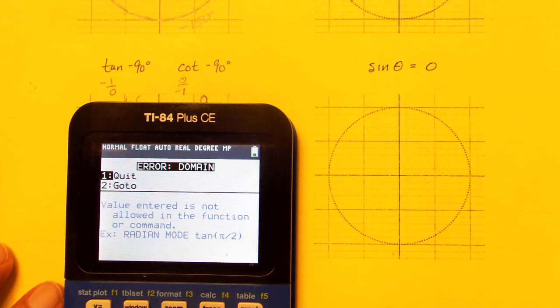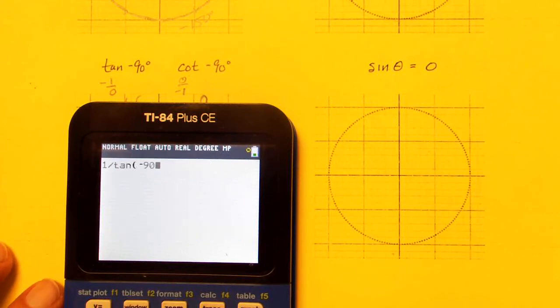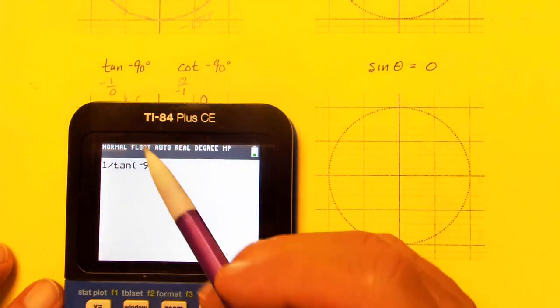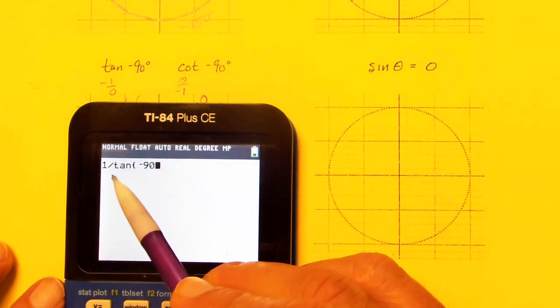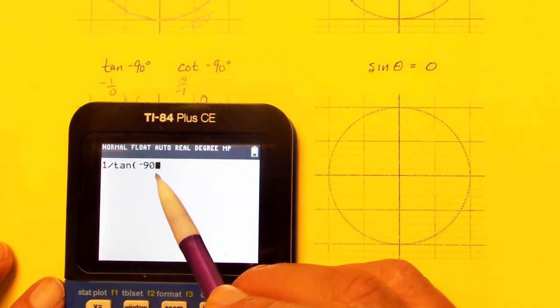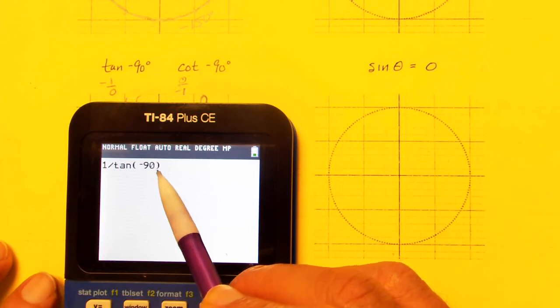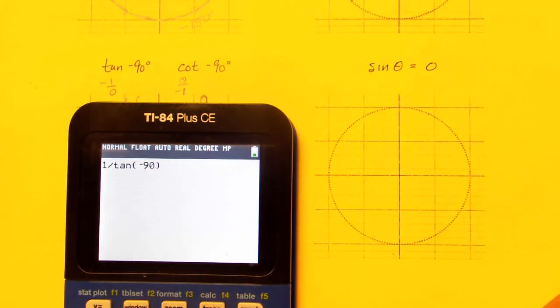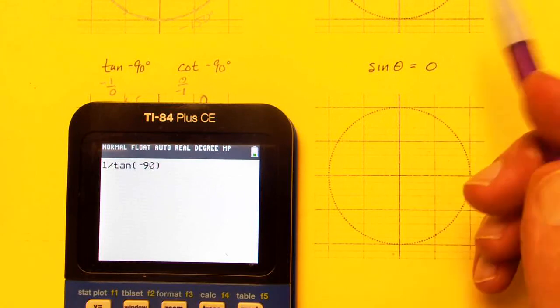Okay? So but the reason why it says an error in this case is because in terms of processing, it's going to process tan of negative 90, which is undefined, and at that point, it stops the calculation. The calculator doesn't know how to really process undefined value.